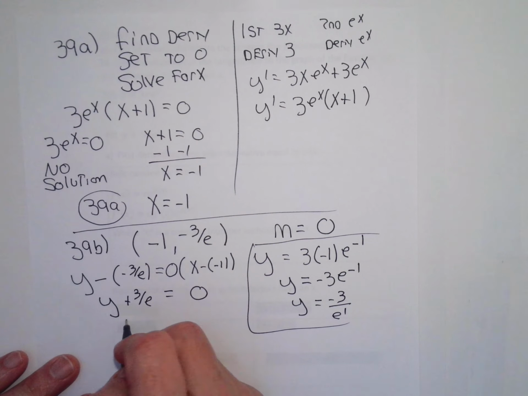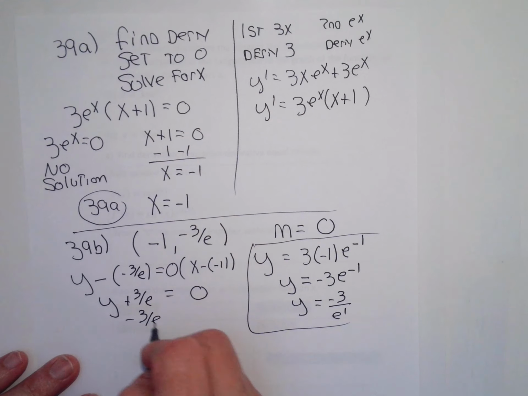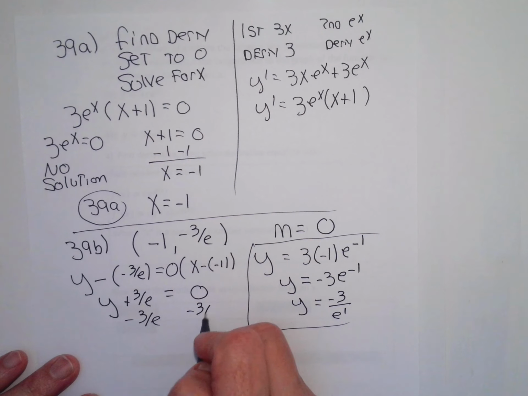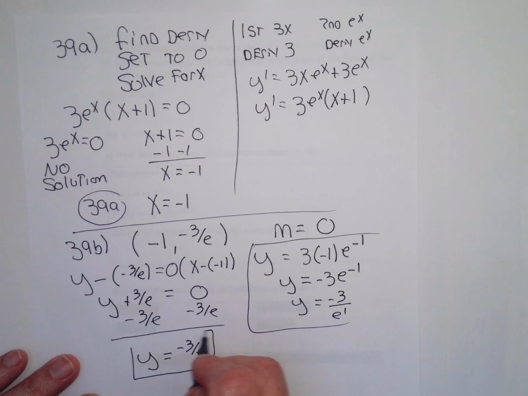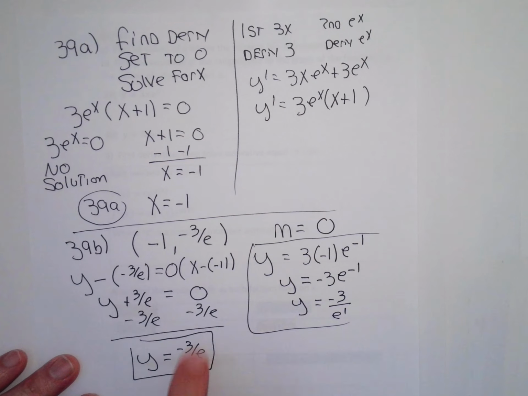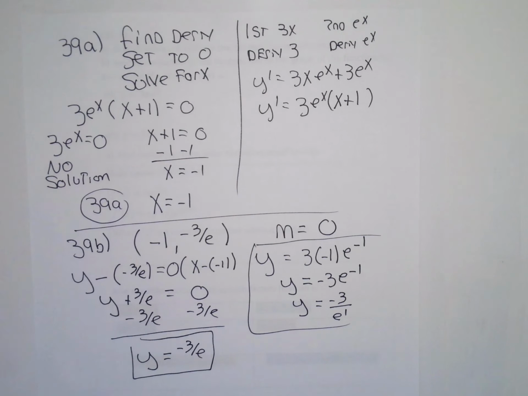Now I'll just minus 3 over e from both sides. You might start seeing a pattern. The answers to the equations of the tangent lines, when they have horizontal lines, it's always y equal the y coordinate of the point. Horizontal lines only have y's in their equations and not x's. And the y coordinate of the point will do that just fine.